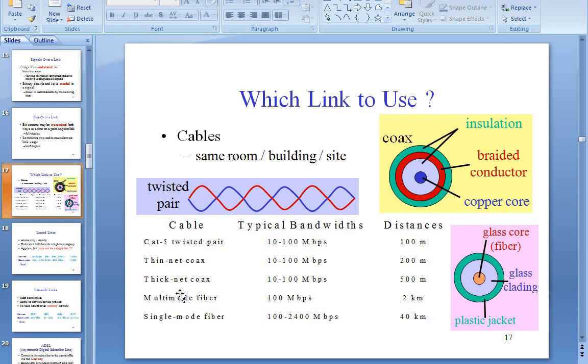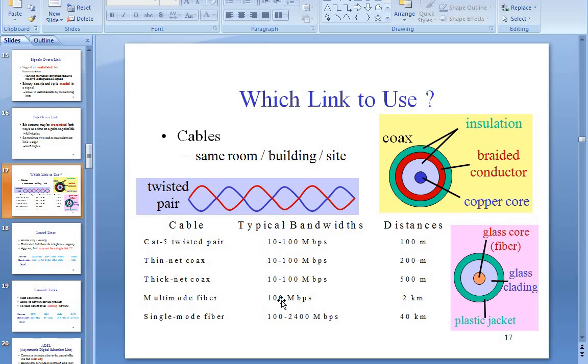In fiber we have two choices. We have a multi-mode fiber and a single mode fiber. Single mode fiber is normally used for backbone networks when the distance between the transmitting and receiving end is very large. It could be up to 40 kilometers without using any repeater or regenerator or booster, any amplifying device.